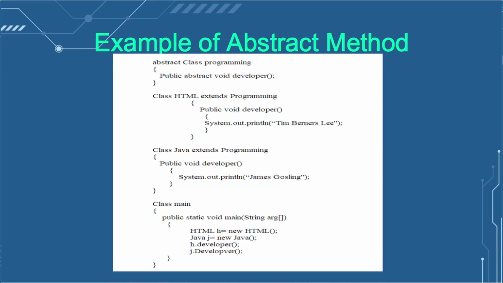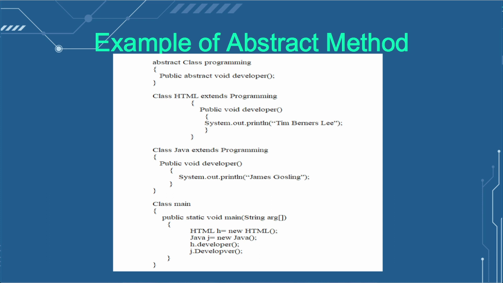So let us understand with the help of an example. First, we have created an abstract class whose name is Programming. Under this class, we have defined an abstract method which is public abstract void developer. So in this class, the first point you have to note is that whenever we define any abstract method, the class must be abstract.